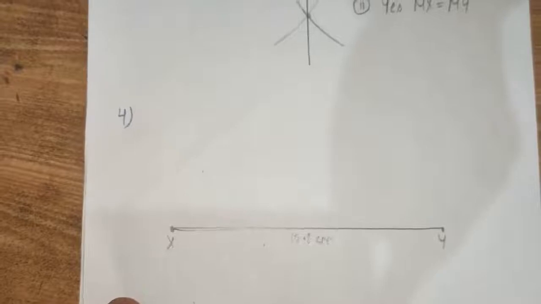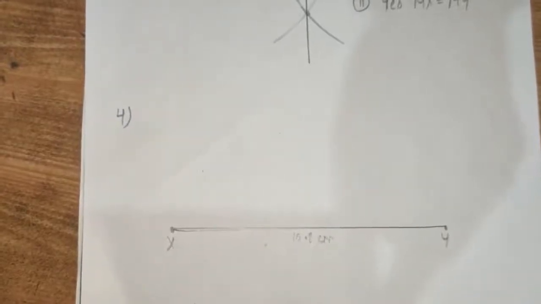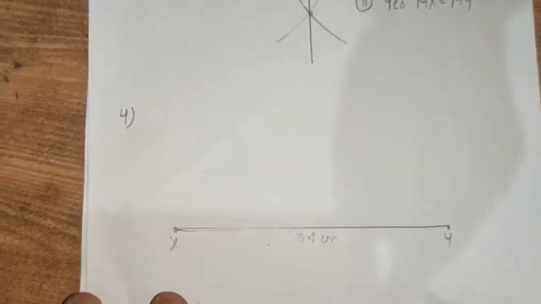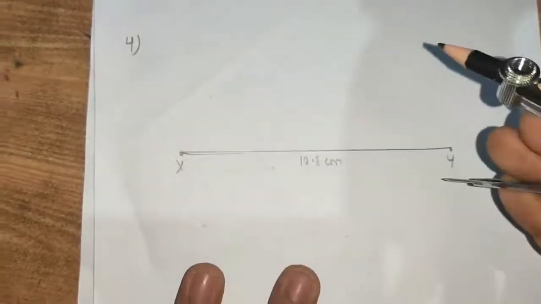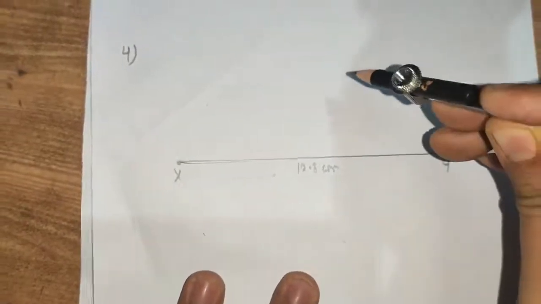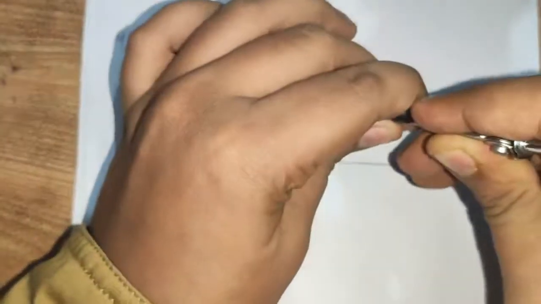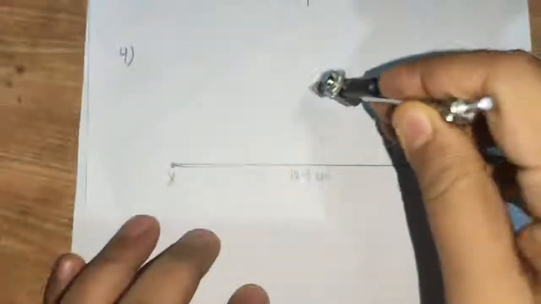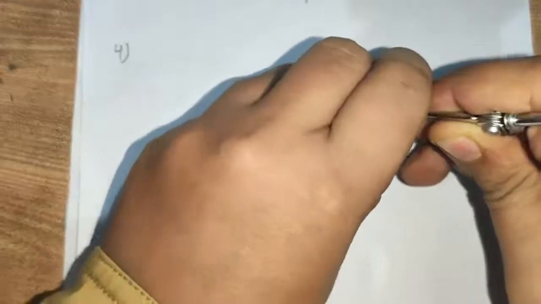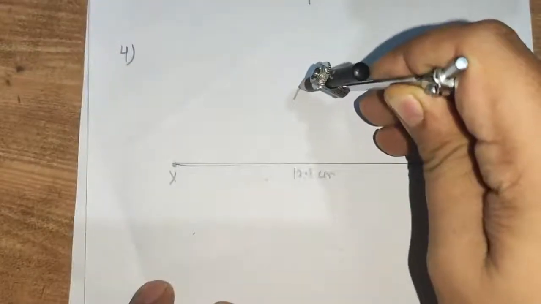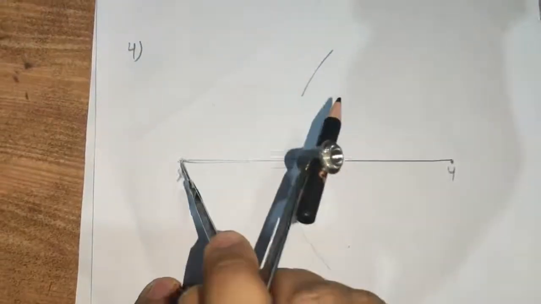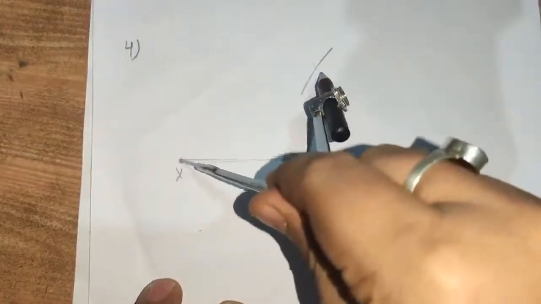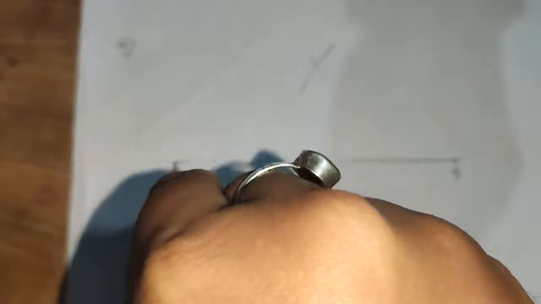Now here we are required to divide this line into 4 equal parts. So take more than half and then mark first one upper arc and then lower arc, then from X upper arc and then lower arc.